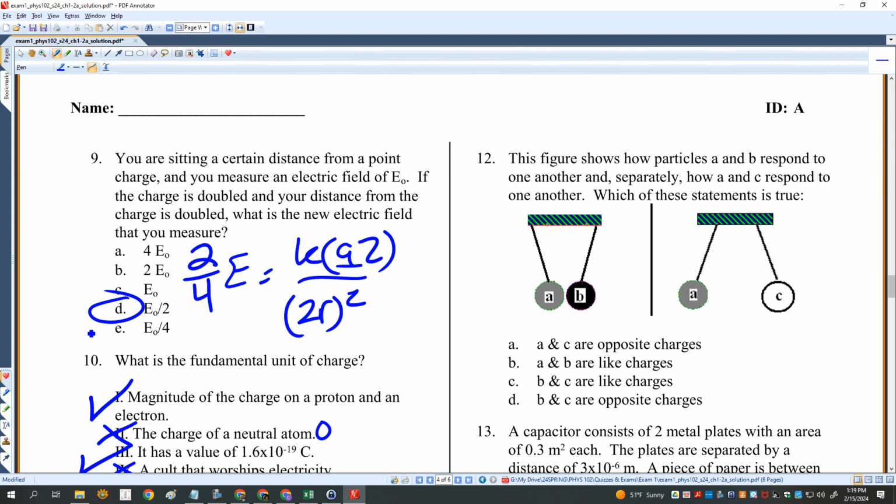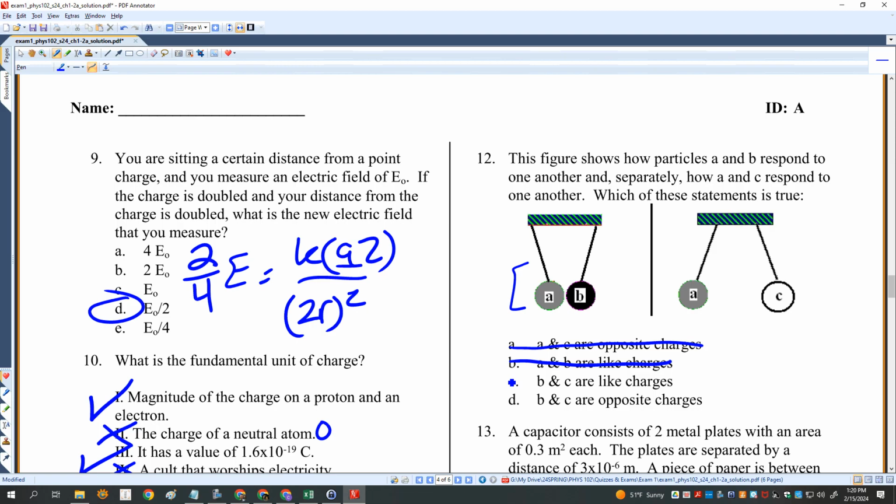This figure shows how particles A and B respond to one another, and separately how A and C respond to one another. So which of these statements is true? All right, so first of all, I know that A and C are opposite. That's not correct because they have to be like charges for that to happen. And A and B have to be opposite charges for this to happen. So what about B and C, are they opposite or like charges?